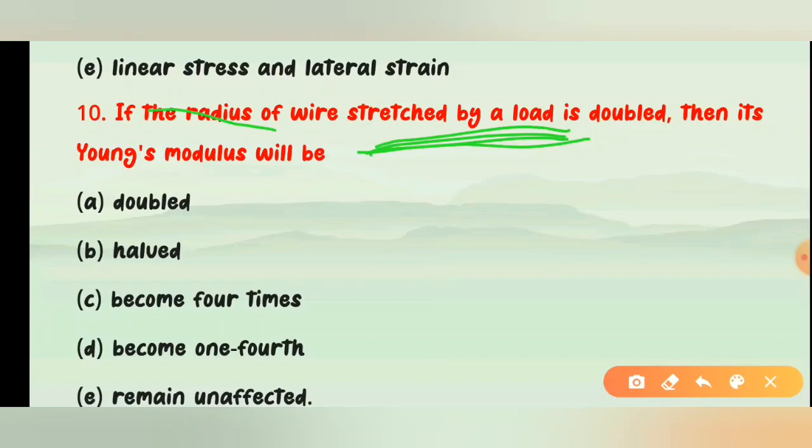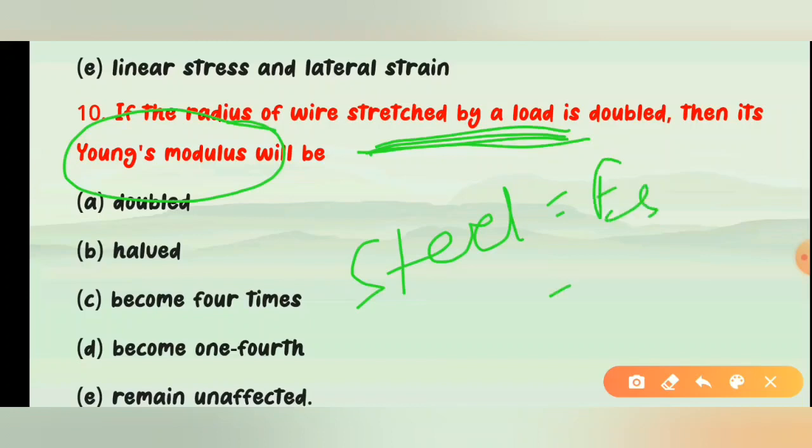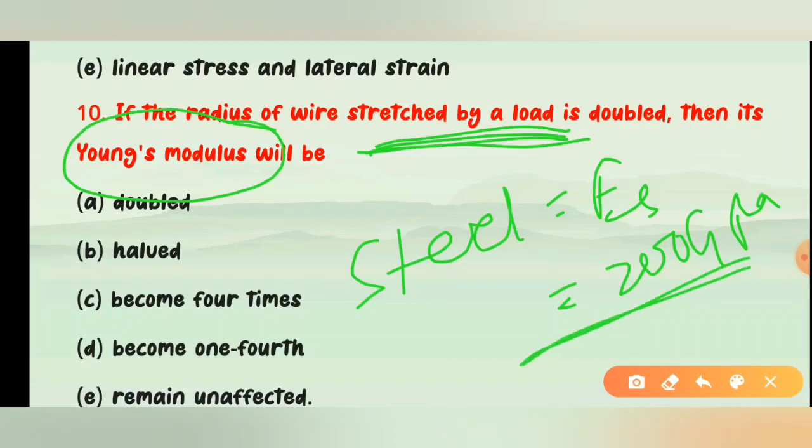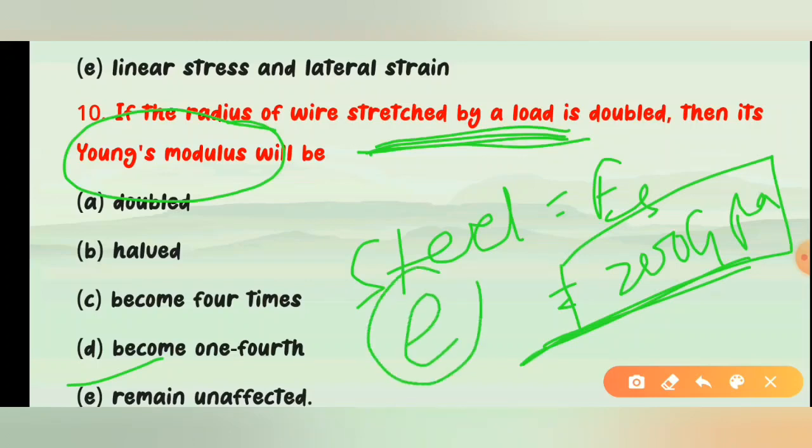It depends purely on the type of material. For steel, the Young's modulus value is 200 GPa. Whether it is a wire or a plate or any object of any size, the Young's modulus of that material will be the same. It remains unaffected. Option E is the correct answer.